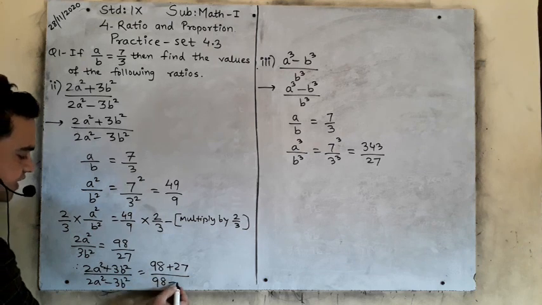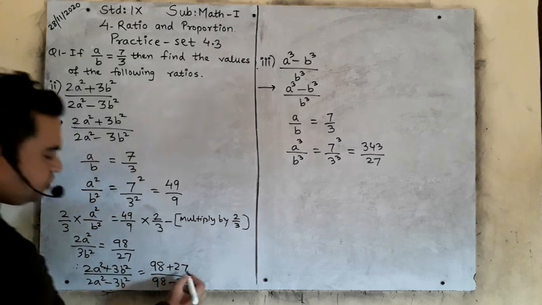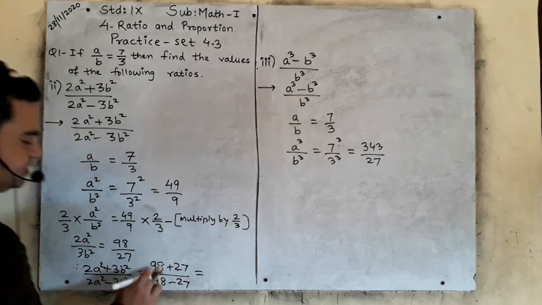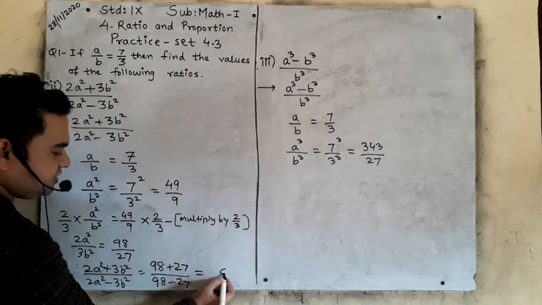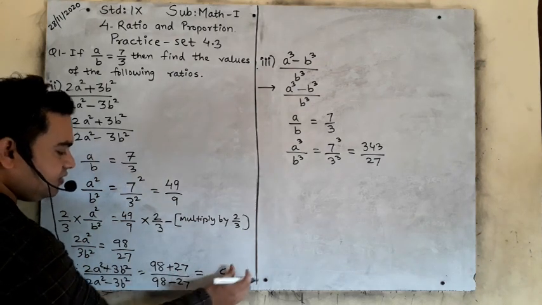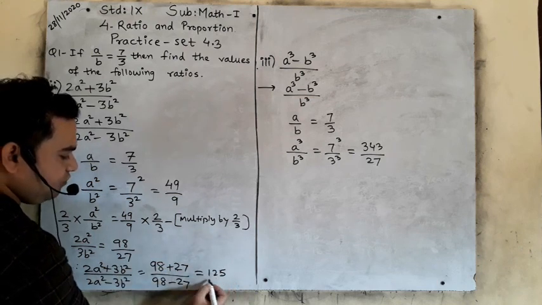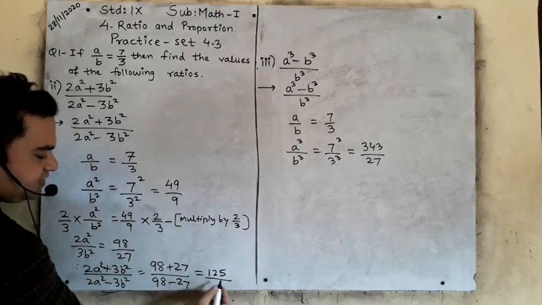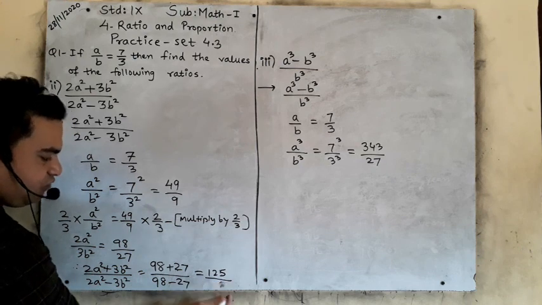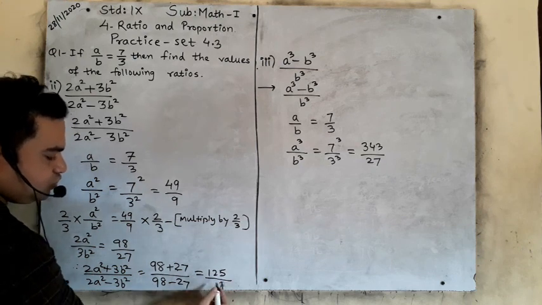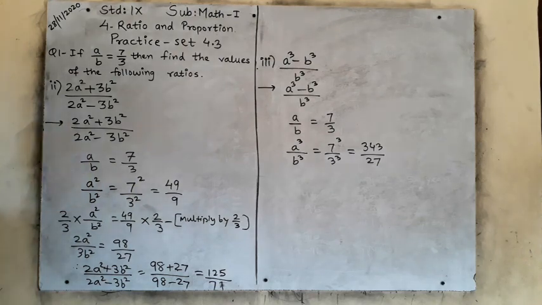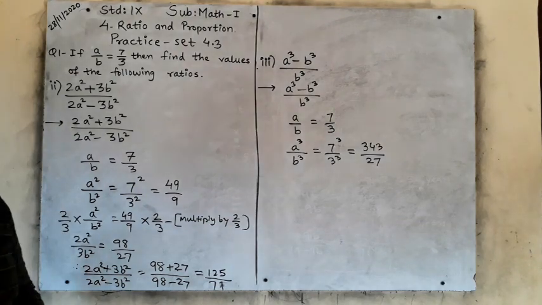Here also 98 minus 27. So what is the answer? 9 and 7, 16, 9, 8 and 7, 15, carry 1, 10 and 2, 12, so 125. 8 minus 7, 1. 9 minus 2, it is 7. So the answer is 125 upon 71.